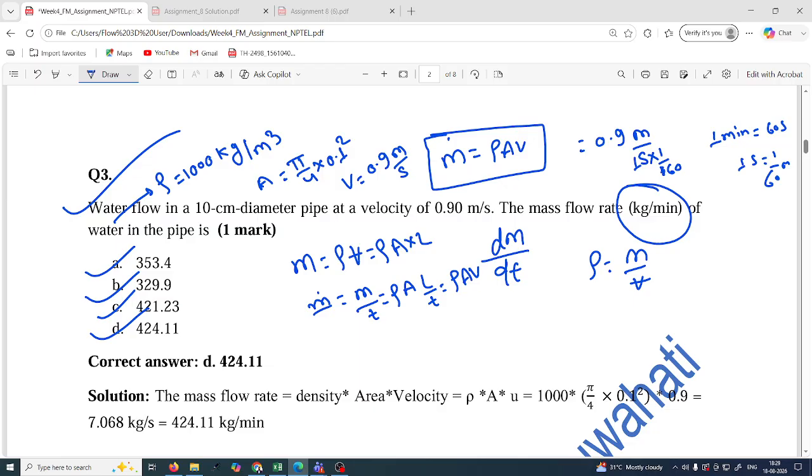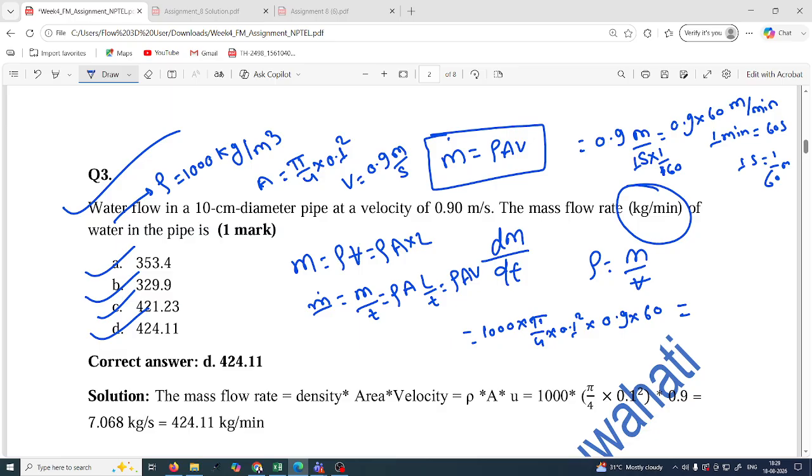So this will be 0.9 into 60 meter per minute. Now you need to put everything in. So rho is 1000, pi by 4 into 0.1 squared into 0.9 into 60.